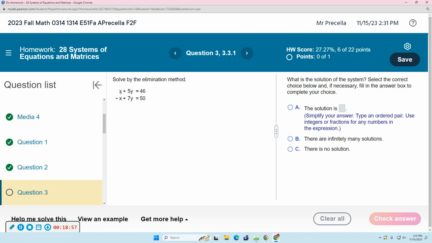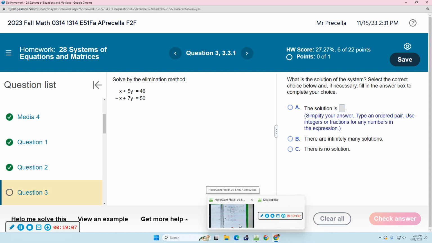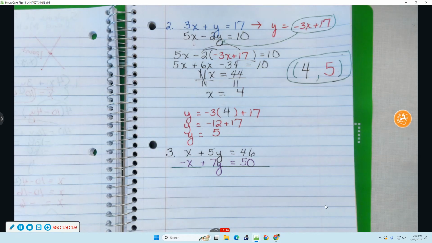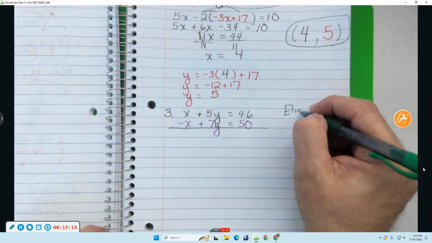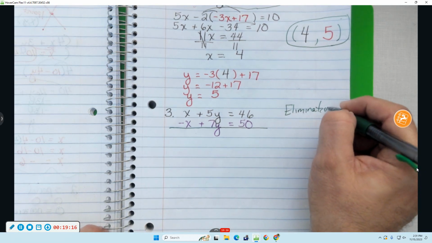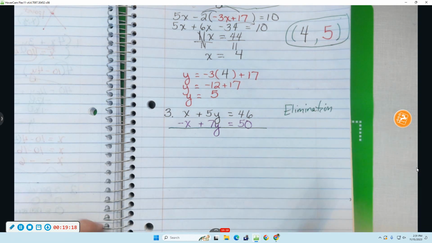If the coefficient on x is a positive 1 in the first one, what's the coefficient on the second x? Negative 1. You want the same coefficients, but opposite signs. This is elimination. Once you have the same coefficients but opposite signs, you add them up.